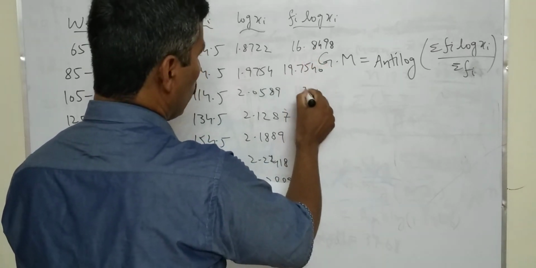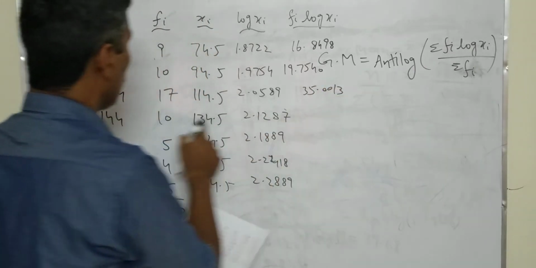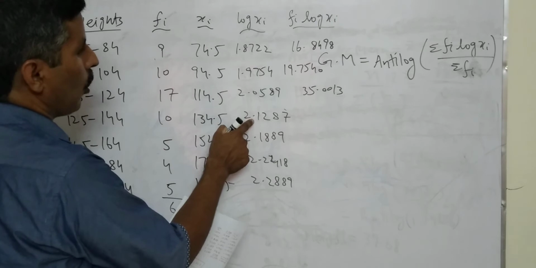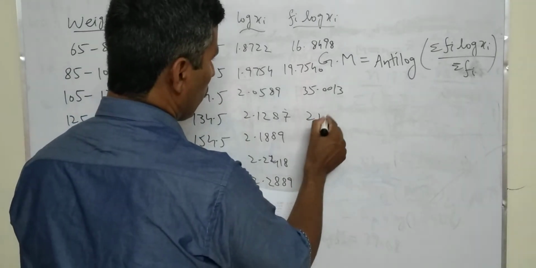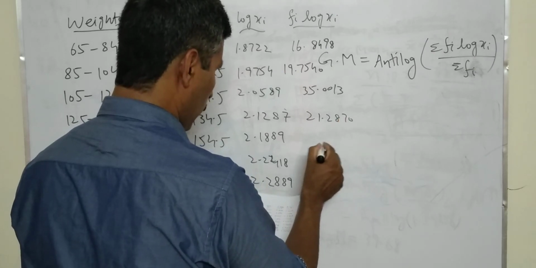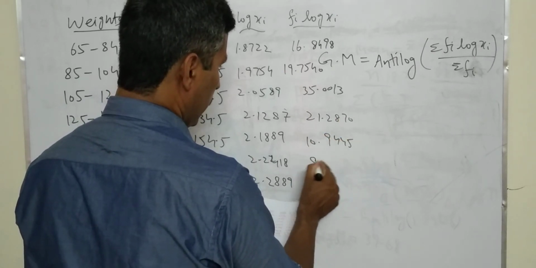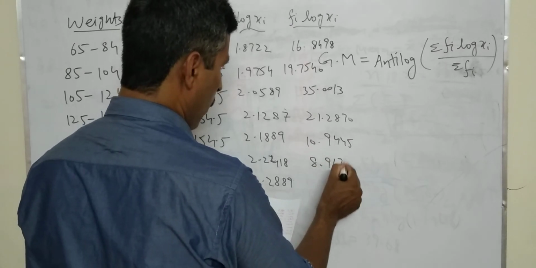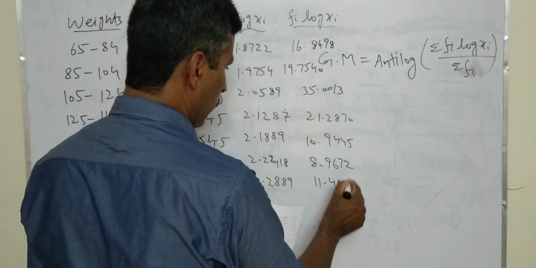The third value you will get is 35.0013. The next value is 21.2870. The next value is 10.9445, and the next value is 8.9672, and the last value is 11.4445.